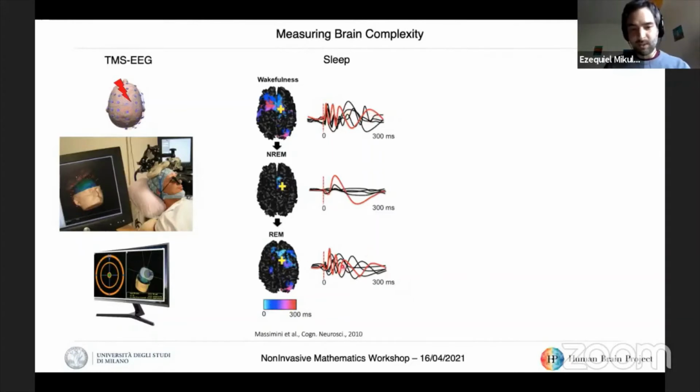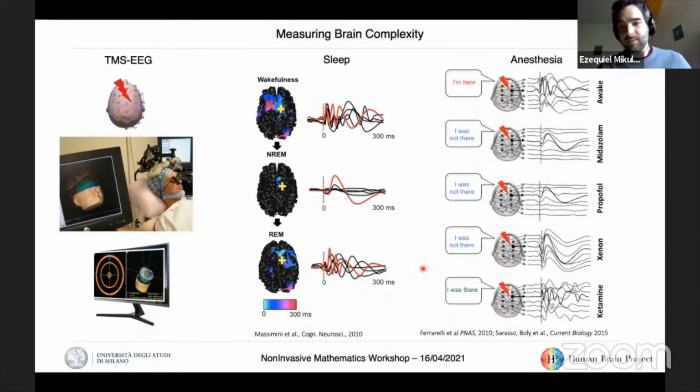And again, if we look at REM, we see a complex pattern of activity because here subjects might be dreaming or having some kind of experience. The same thing happens with anesthesia. If we stimulate during anesthesia with anesthetics that are associated with loss of consciousness, you see very stereotypical responses.